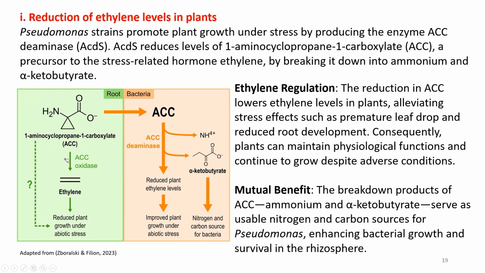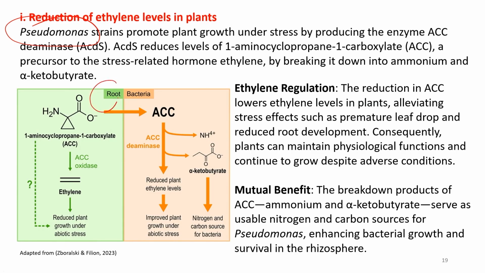So, this particular enzyme, ACC deaminase produced by Pseudomonas, will reduce ethylene production under stress, because it breaks ACC down into ammonium and alpha-ketobutyrate, as you can see here.